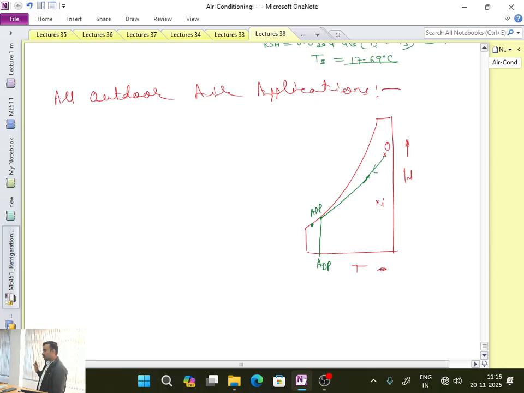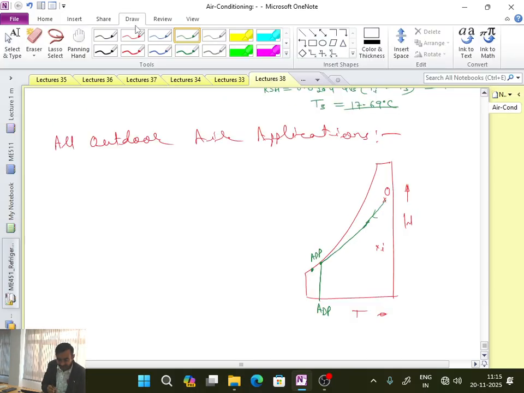So this is the line which is representing the total load of outdoor air which is acting on the cooling coil. Now we know that we will be having certain amount of bypass factor. So because of the bypass factor, my state at the exit of the cooling coil will not be exactly equal to TADP, but it will be somewhere at some point number 2. Is this point clear?